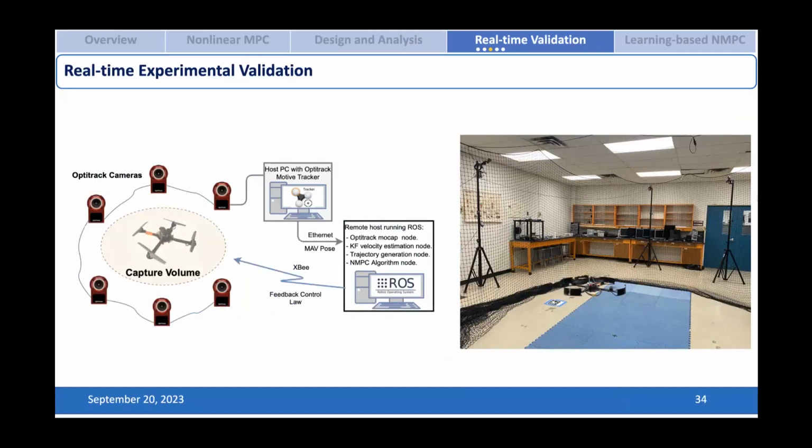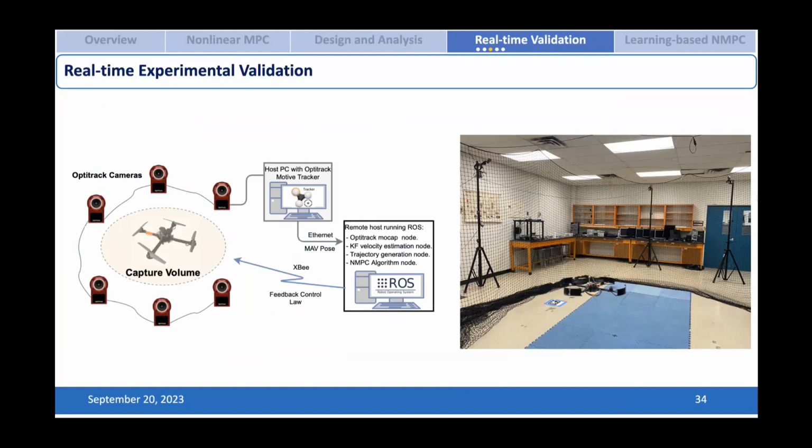In this case, for our feedback, we are using OptiTrack cameras, and these cameras capture this volume. The data goes to the computer running the Motive tracker software that comes with the cameras, and this one sends all the images to the ROS computer, which does some image processing to identify the pose of the drone, which is the position and the orientation.